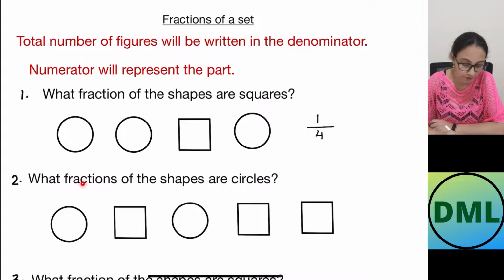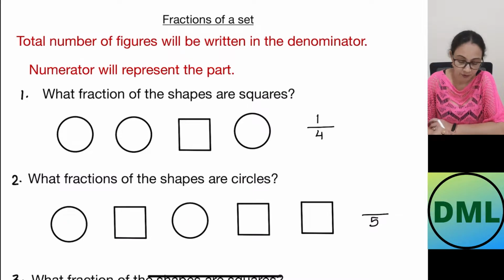Now, what fraction of the shapes are circles? As you can see, how many figures do I have? We have 1, 2, 3, 4, 5 figures. So 5 will come in the denominator. Now we are looking for what? We are looking for circles. Now count the circles. So we have 1 and 2 circles.